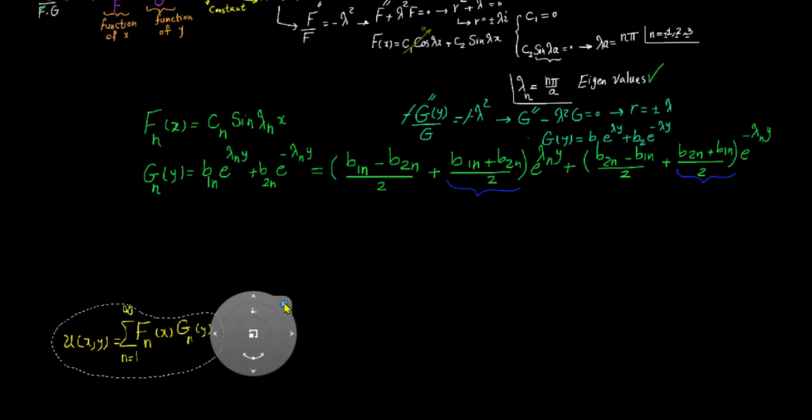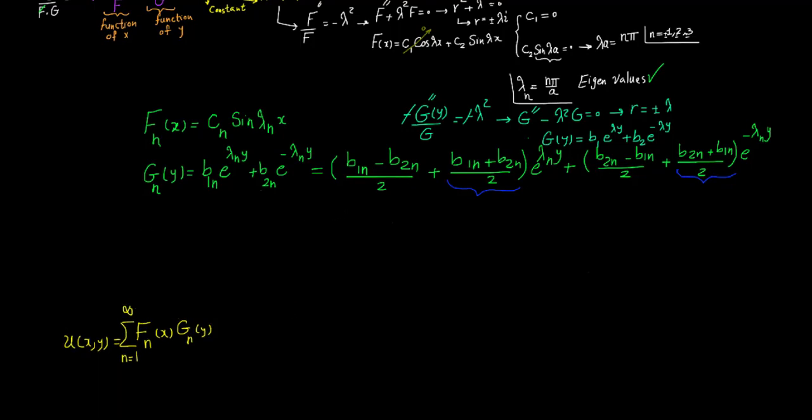So if I FOIL them here, I will end up getting b1n plus b2n over 2 times exponential of lambda n y plus exponential of negative lambda n y.